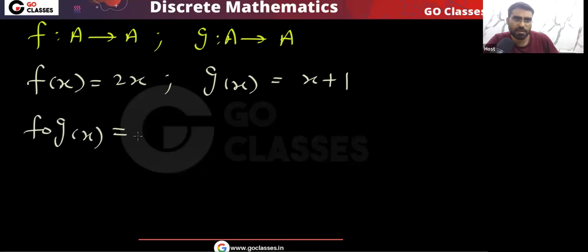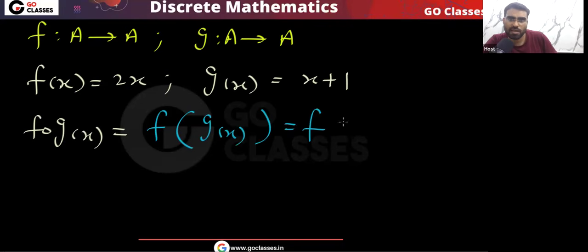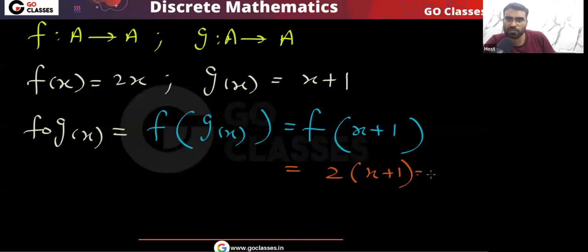Fog x means f of gx. What is gx? gx is x plus 1. What is f of x plus 1? That will be 2 into x plus 1, that is 2x plus 2.